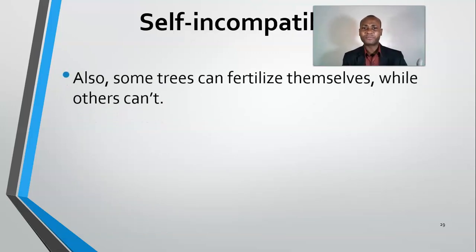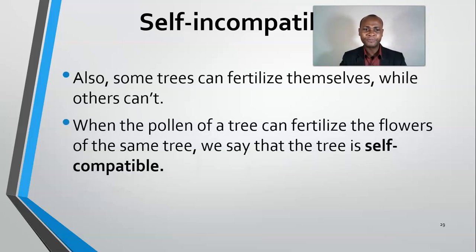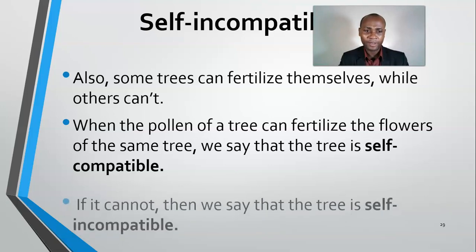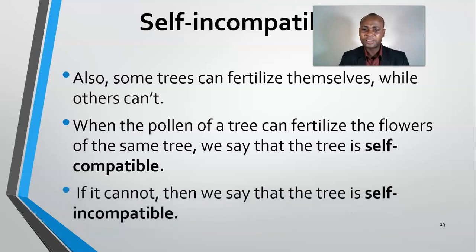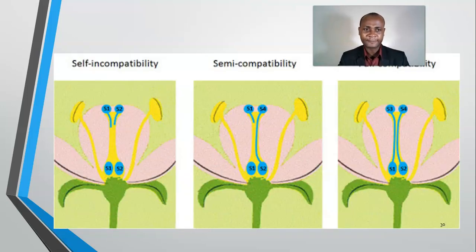Also, some trees can fertilize themselves, while others cannot. So when the pollen of the tree can fertilize the flowers of the same tree, then we say they are self-compatible. But if they cannot, then we say they are self-incompatible. Okay, so take note of this. Now let's look at the photo here.